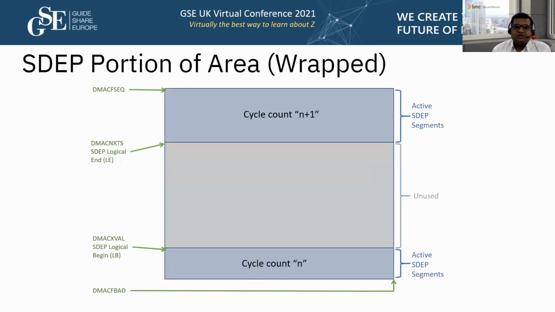In that case, your logical begin RBA would be greater than the logical end RBA, and you will have a different cycle count. So it's pretty simple to identify whether your S-step portion is wrapped or not. Simply look at the logical begin RBA. It will be greater, and your cycle count would be different, because generally the S-step pointers are the RBA plus the cycle count, which are 8-byte pointers.